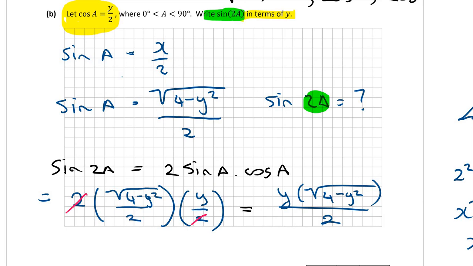At times we're going to need to introduce a new variable, and I did there called x, but I got rid of x straight away because I just needed to see what it was in terms of y. So when you're dealing with trigonometric functions, try to use the right angle triangle. You're going to be using Pythagoras and things like that to help you.